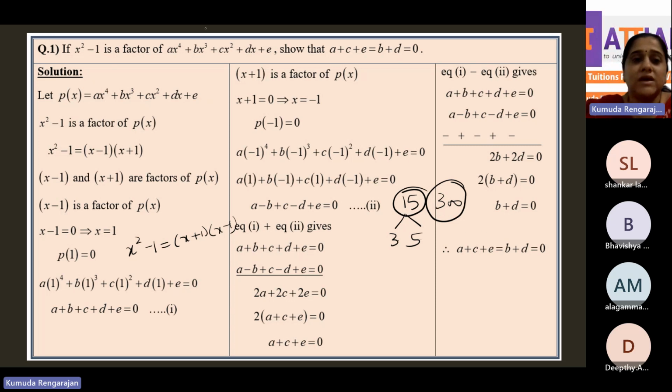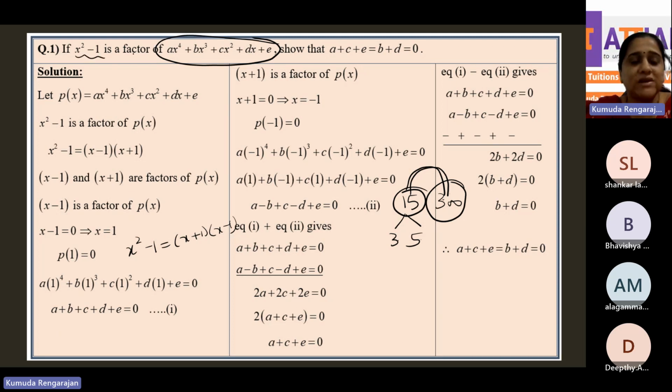In the same way, x square minus 1 is a factor of this one, like 15 is a factor of 300. If 15 is a factor of 300, then 300 will be divisible by the factors of 15, right?